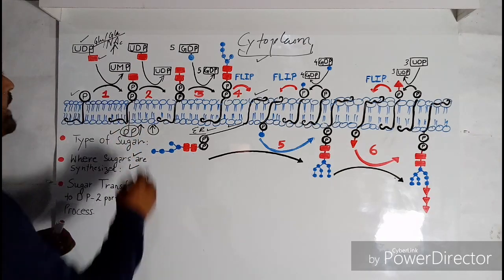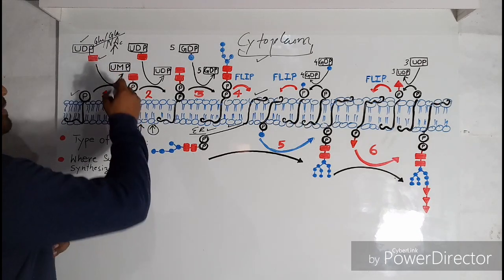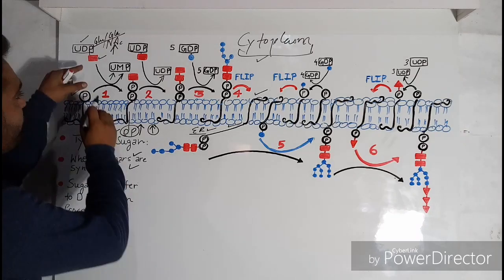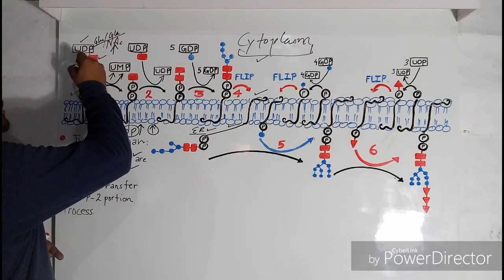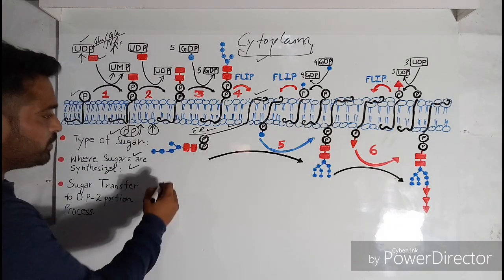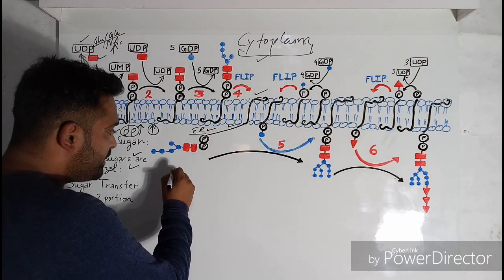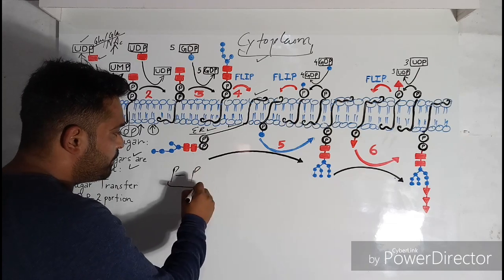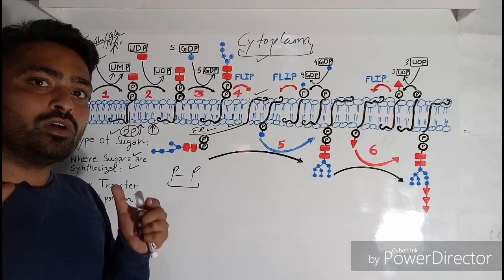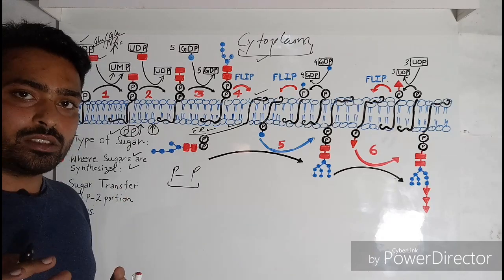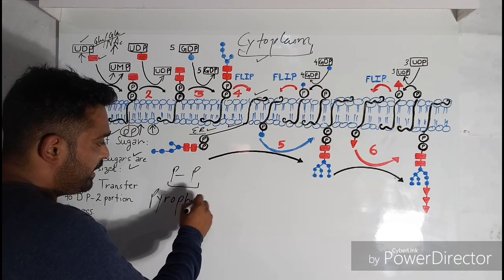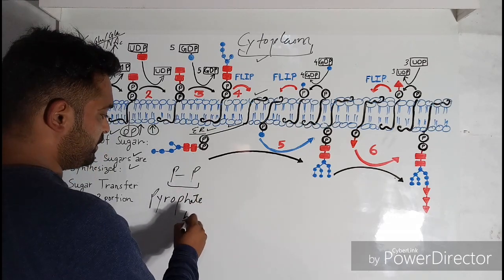What you have to note here is that in this first step 1 UMP is released. So we are using 1 phosphate from this UDP and it is attached to Dolichol phosphate. So what we are getting here? A pyrophosphate bond. So the first bond which is formed between the Dolichol phosphate and the sugar is a pyrophosphate bond, a high energy rich bond.